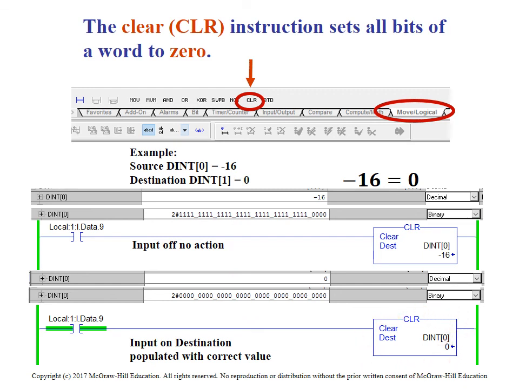Why does it make sense to put a clear statement in there instead of moving a 0 to that location? The clear gives us a clear definition of what we're trying to accomplish. Moving a 0 to a register is fairly clear in the sense that I'm moving a 0 there to clear out this register. But when you use the function CLR, everybody knows what you're trying to do.